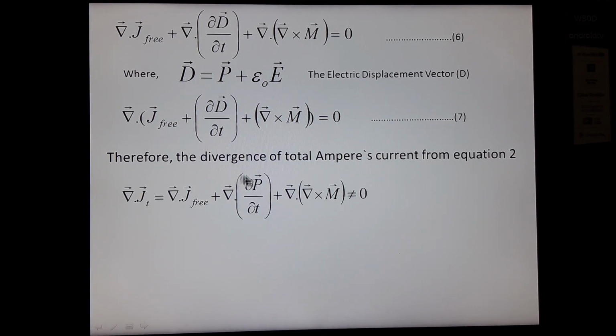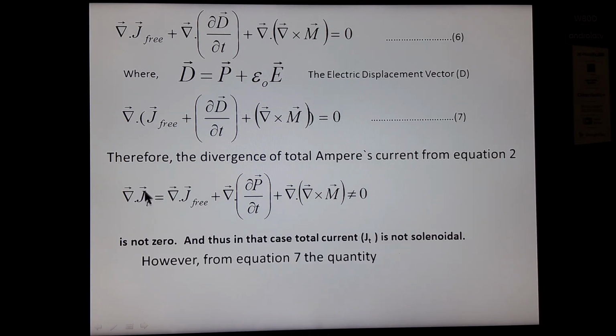Therefore, the divergence of total Ampere's current from equation 2, as I told in my initial consideration of Ampere's total current, that is the component of magnetization current, and this is the polarization current, and this is the free space movement current due to free charge motion. And here we note that the divergence of this total Ampere's current is not equal to 0, and therefore the total Ampere's current is not solenoidal.